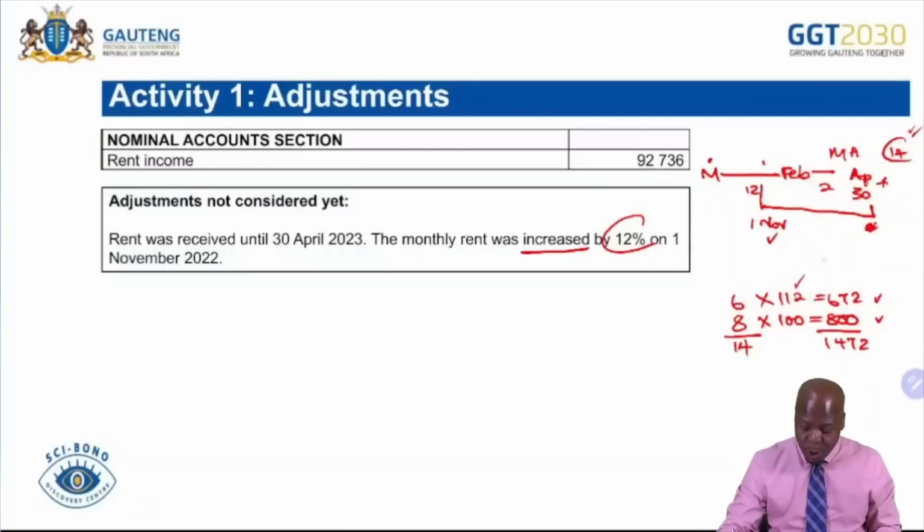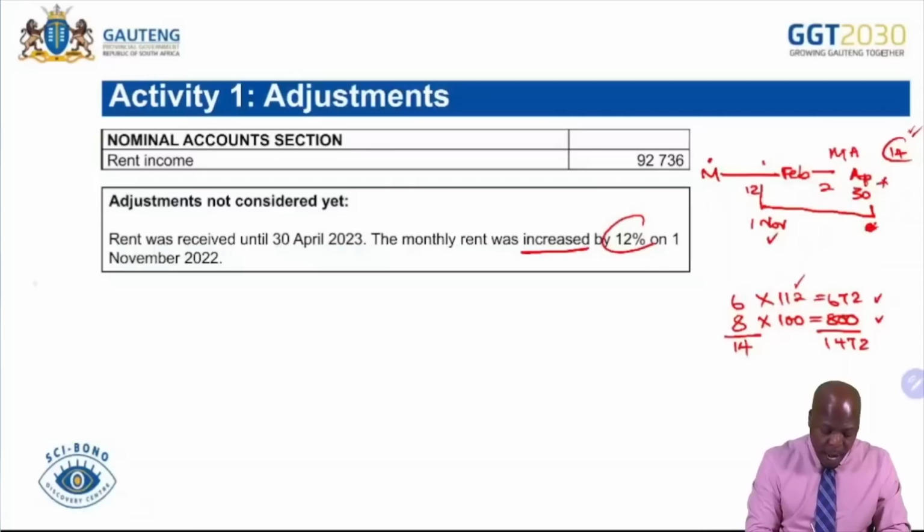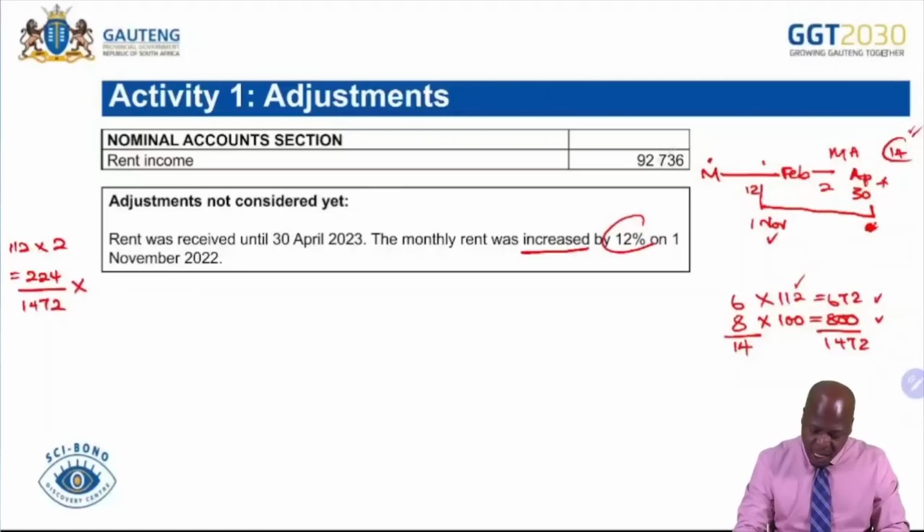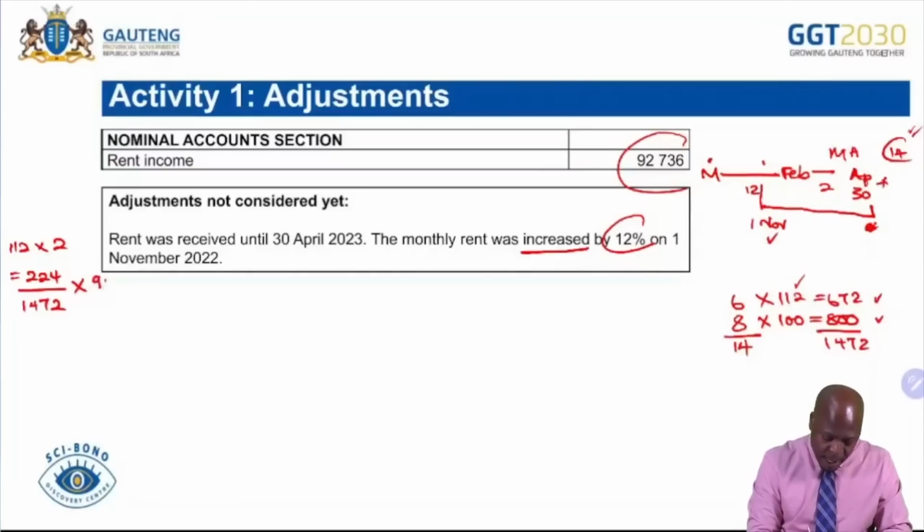So it is 112. We are now saying it is 112 times how many months? Times 2 months. That will give us 224. And then your 224, you divide it by the 1472. Then you multiply all of this by the total rent that you were given, which is 92,736.